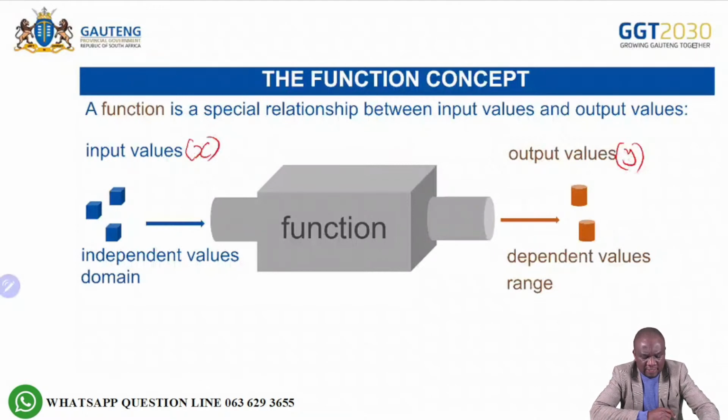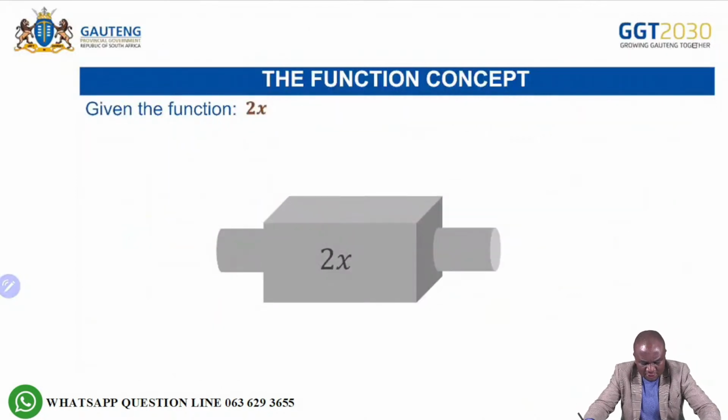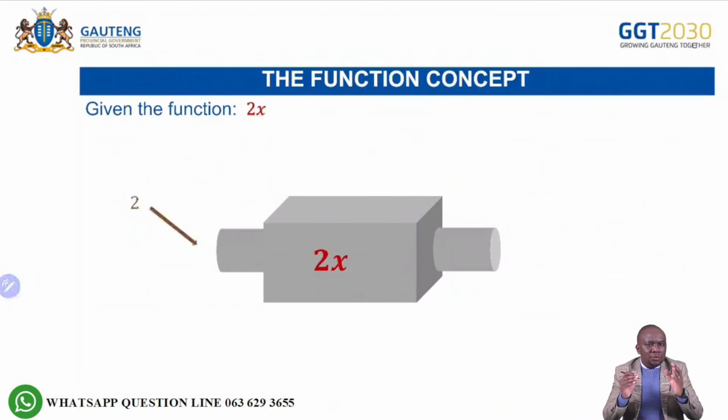Okay? Right. And then, given the function 2x, usually it should be y is equal to 2x. Let's use it as it is. Still want to understand this thing of function. We have the input value, which is 2 in this case. Every time you put the input value into the function, you must put that input value in brackets.